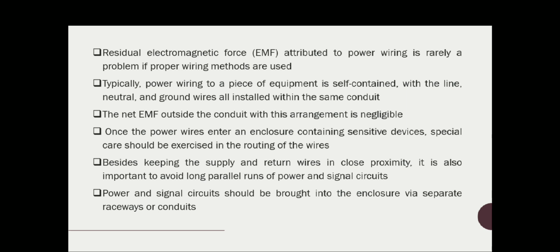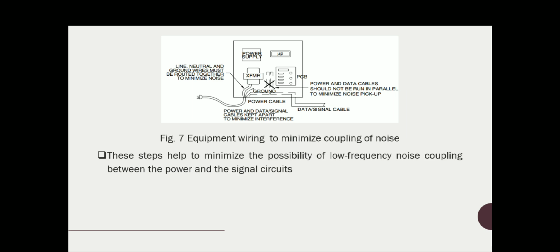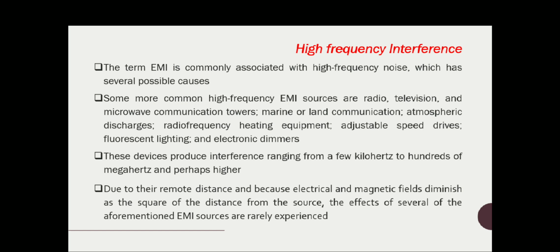And once the power wire enters an enclosure containing sensitive devices, special care should be exercised in the routing of the wires. Here you can see one equipment wiring to minimize the coupling of noises.